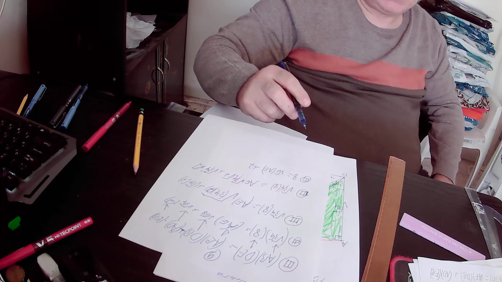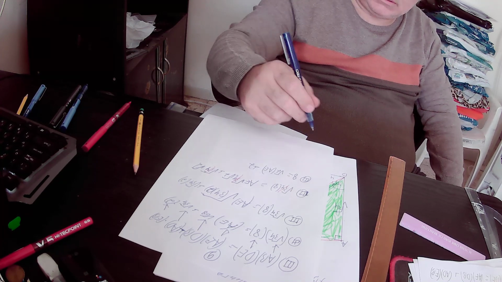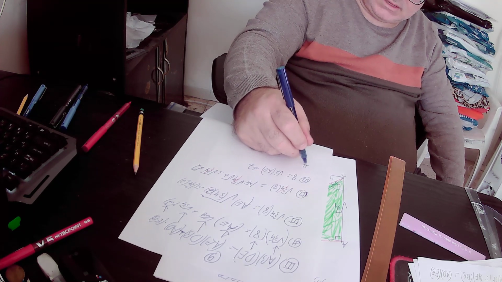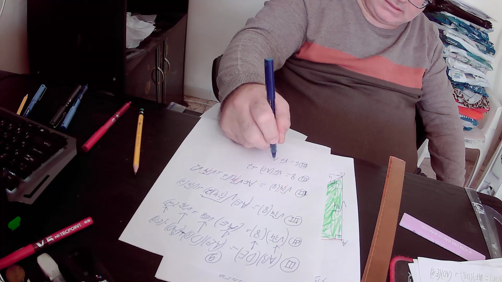So here we'll subtract 2 from equation number 3 and we will get that 8 minus 2 is 6 equals the square root of 2 times AE.